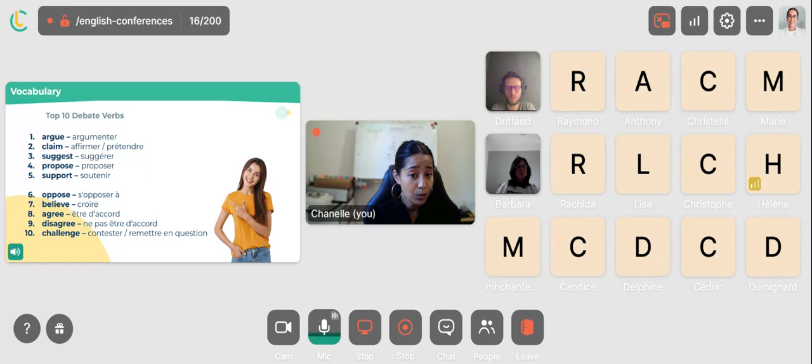We talk about argue or claim, suggest, propose, support, oppose, believe, agree, disagree, and challenge. It's good to know that among these verbs, they are all regular verbs. That means they all end with ed in the past.